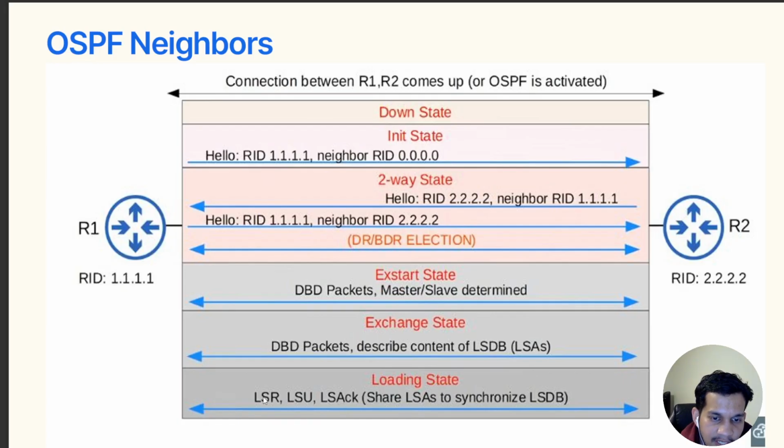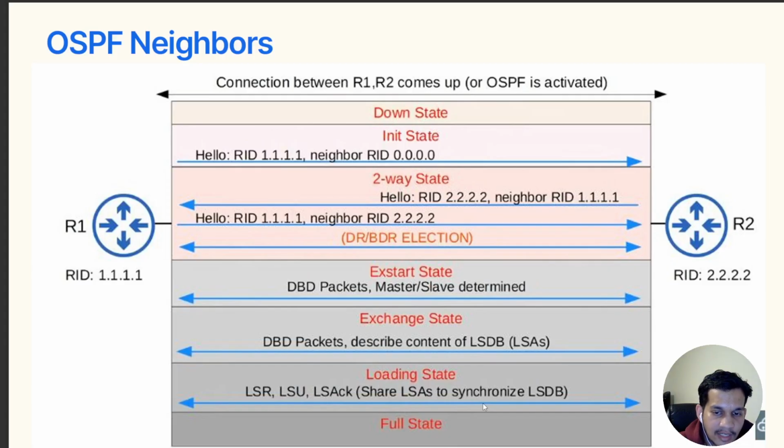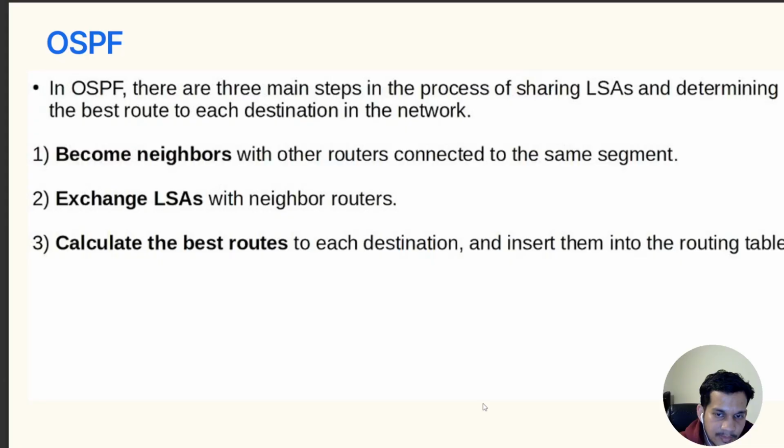Then in the loading state, it requests whatever LSAs it's missing, updates the OSPF neighbor table, and acknowledges that it has got everything. This synchronizes the LSDB on both routers. Then we have the full state, in which it is ready to rock and roll in the OSPF network. So that's how the 7 steps are.